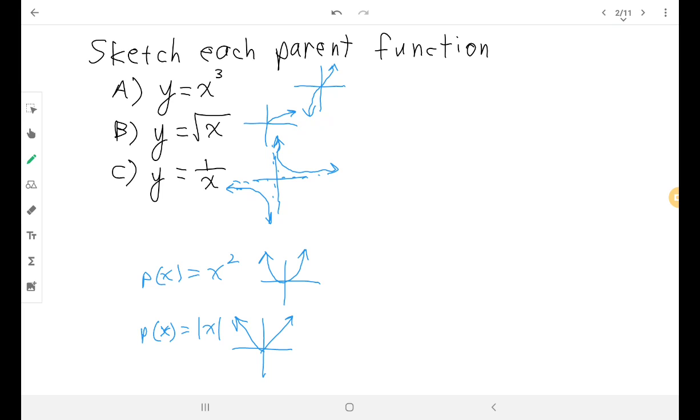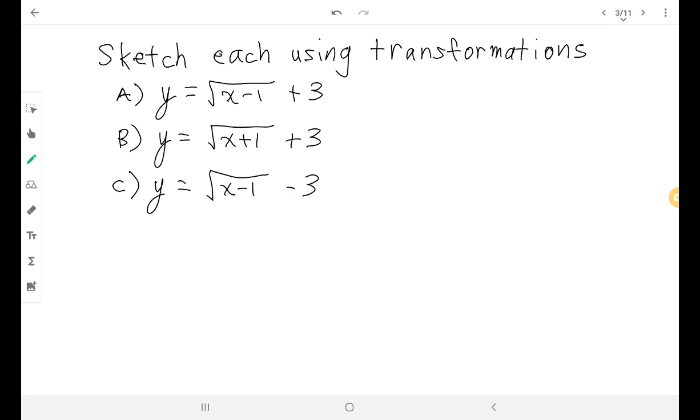As long as it's the basic version, there's a parent function for almost any, they call them families, that's why they use the word parent, every big group of functions. So it says sketch each using transformations.